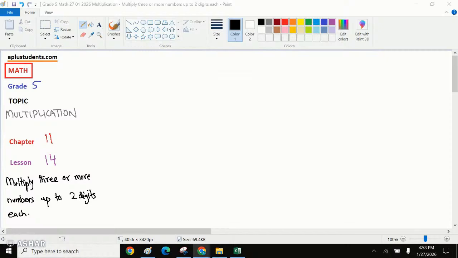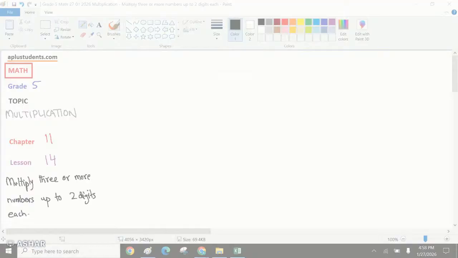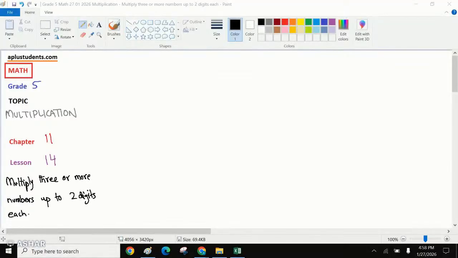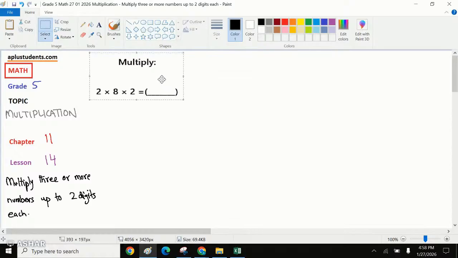Okay, so the first question we have says multiply, and I'll just copy the question for you. This is question number 1, and it says multiply 2 multiplied by 8 multiplied by 2.